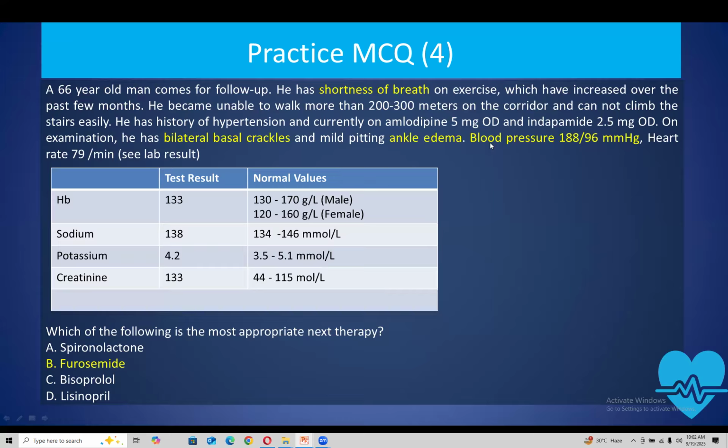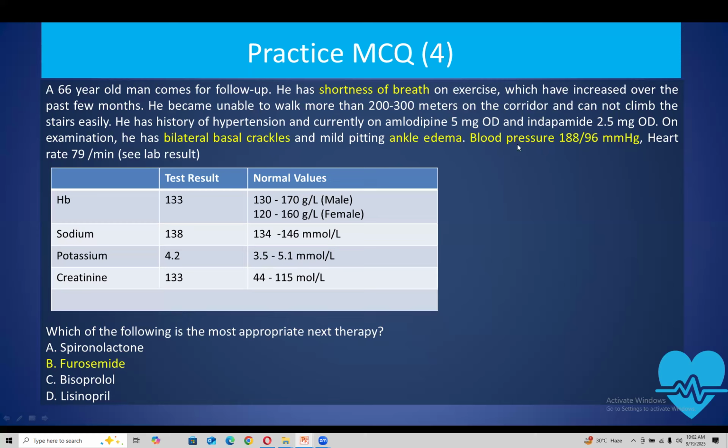His blood pressure is also pretty high, which is 188 by 96, and it should be decreased immediately. But here the primary concern is volume overload and not blood pressure.